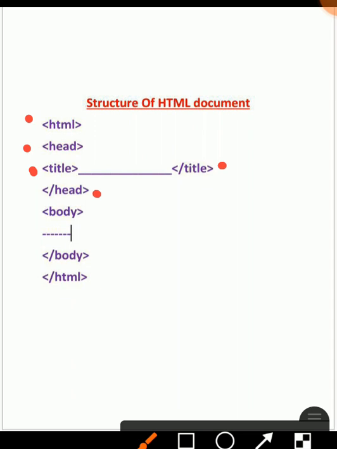Then the body part, in this whatever we want to write, we can write. We can also give the underline, italic option with it, and after that we have to close it. And then the last one, the HTML starting tag, we have to close it. Whatever we have opened first will be closed last.